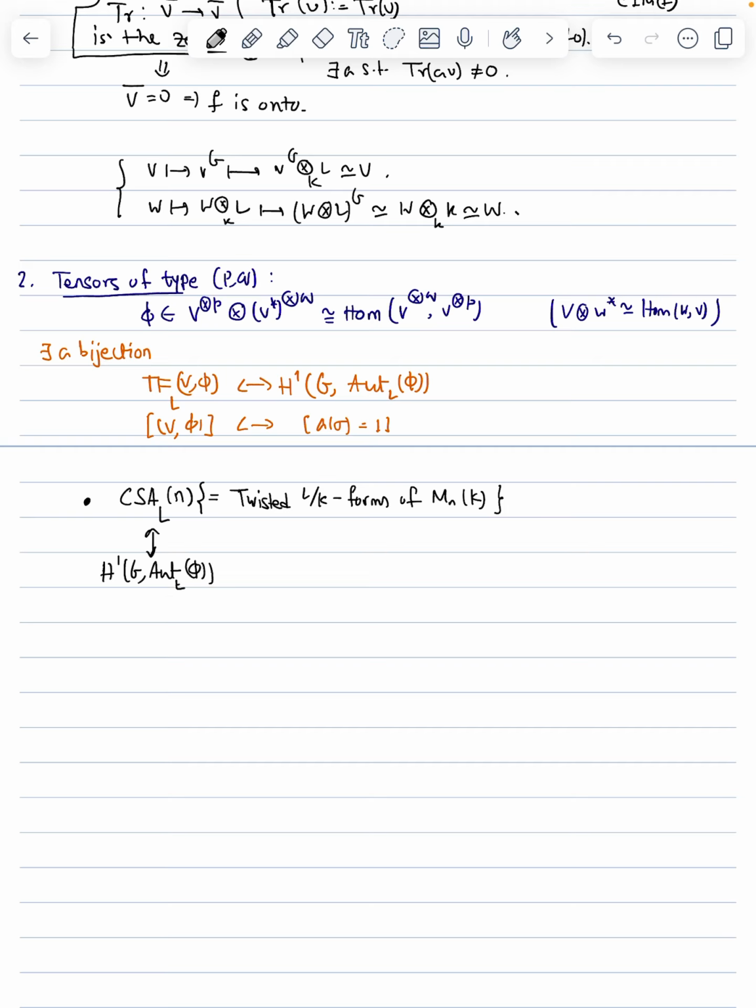But what are these? The automorphisms of phi over L means all the automorphisms of M_n(L). And phi here is actually an element of, we can talk about V tensor V dual tensor V, over the base field K, because in the matrix algebra comes with an algebra map. Remember it is a tensor of type (1,2).